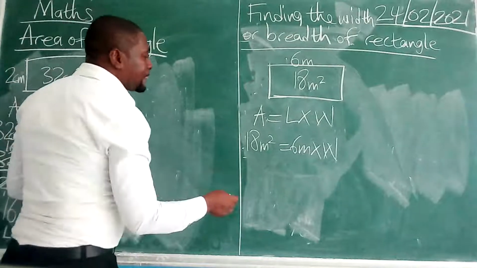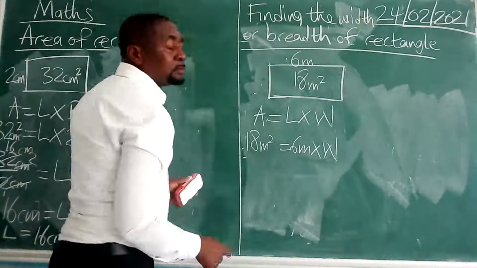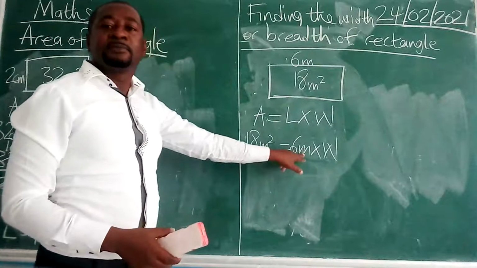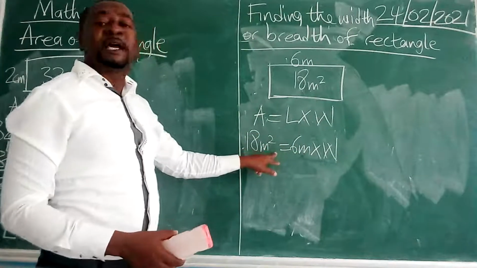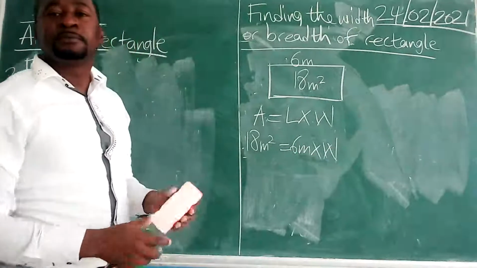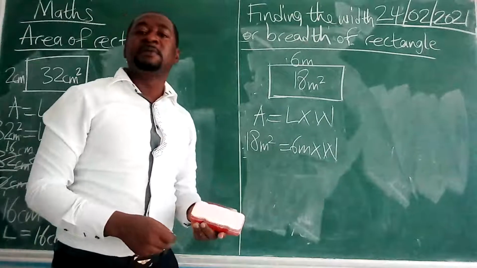Now, since here is multiplication, we have to send this number across the equal sign, and when it crosses here, it becomes division.